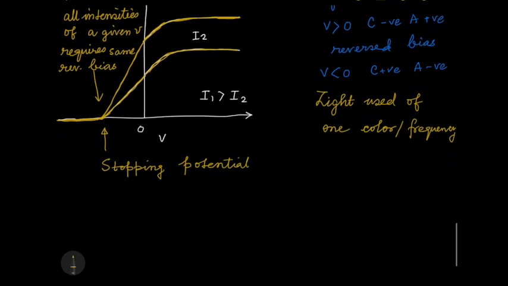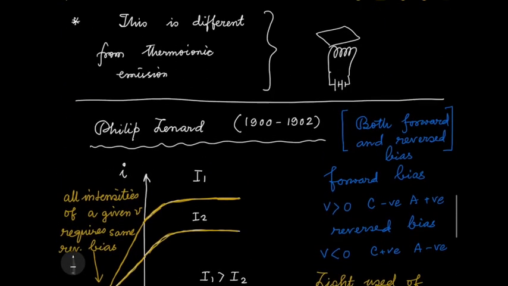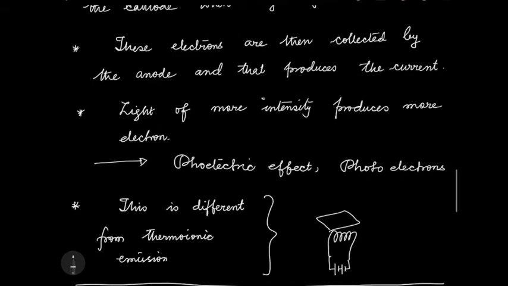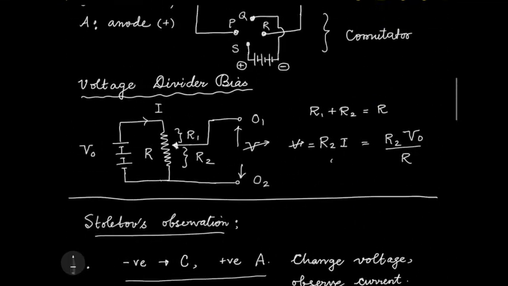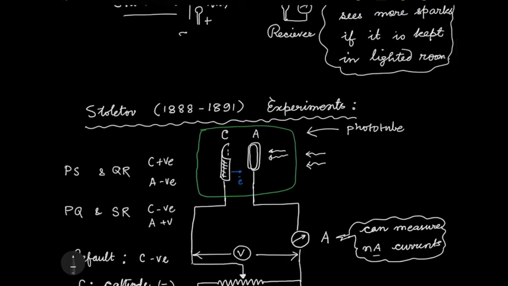So what do you conclude from this? Remember, the electrons were coming out from the cathode and collected by the anode, which produces the current. The electrons are not able to reach the anode because you have produced a negative voltage across the cathode and anode. So this negative voltage must be opposing the maximum kinetic energy that these photoelectrons have.